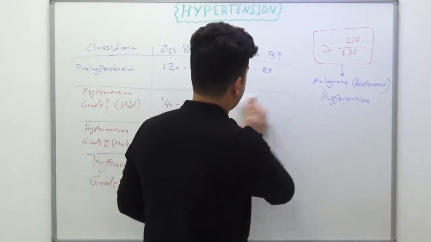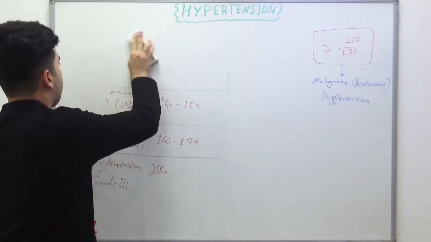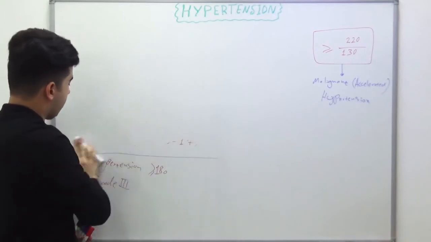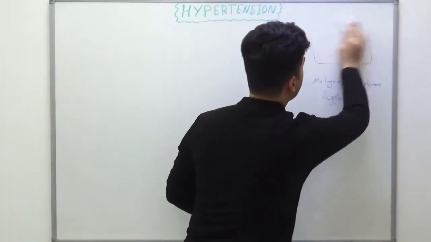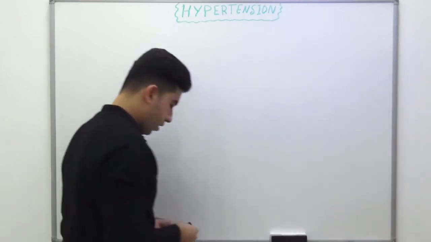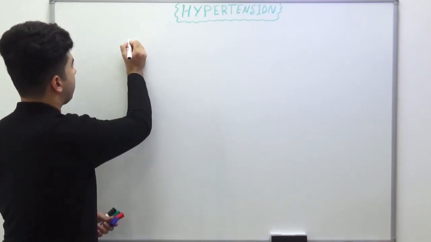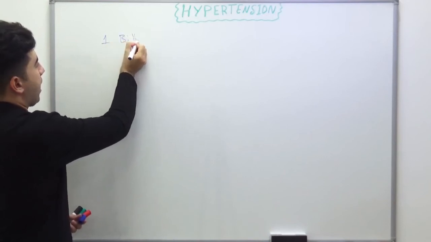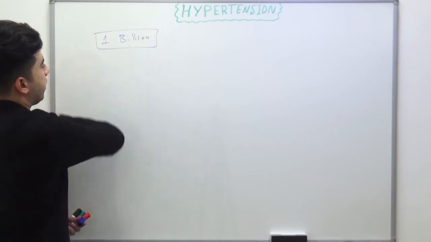Currently, why is hypertension a major global problem? Let's talk about some data and epidemiology of hypertension. Currently, more than 1 billion people in this world are affected by hypertension. 1 billion is a very, very large number.